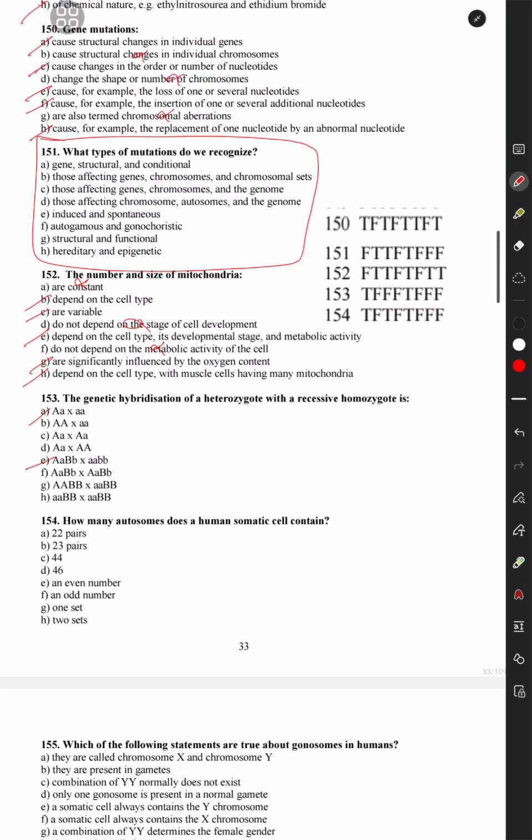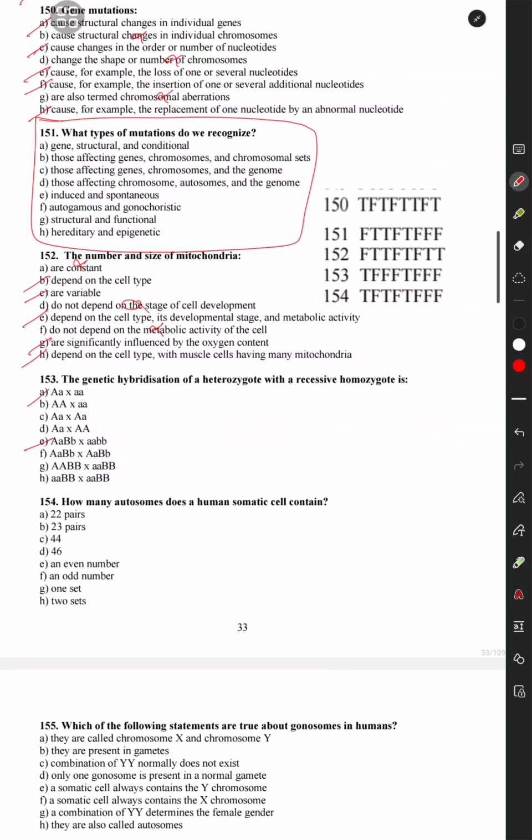How many autosomes does a human somatic cell contain? 22 pairs. 44. An even number. Two sets.